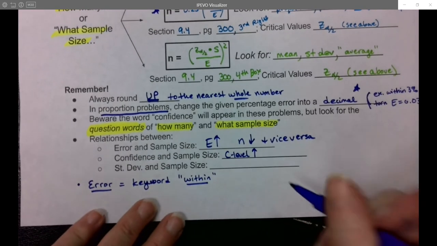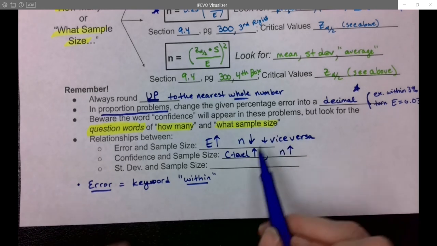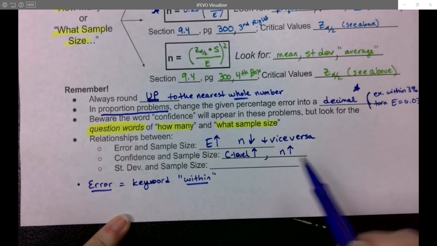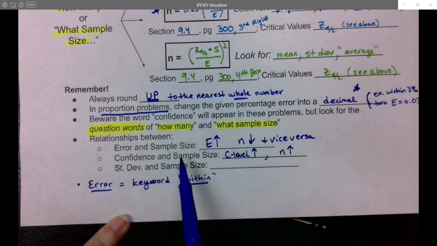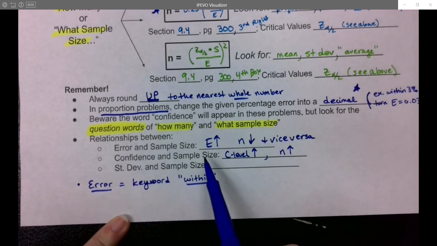So if your C level goes up, then n will go up. And by the same token, if C level goes down, n will go down. And it makes a certain kind of sense. If you want to be more confident, go sample more people. Like if you want to be 99% sure, go get 2,000 people. You'll be sure, right? You won't be 100% sure because you can't be, but you'll be more certain.